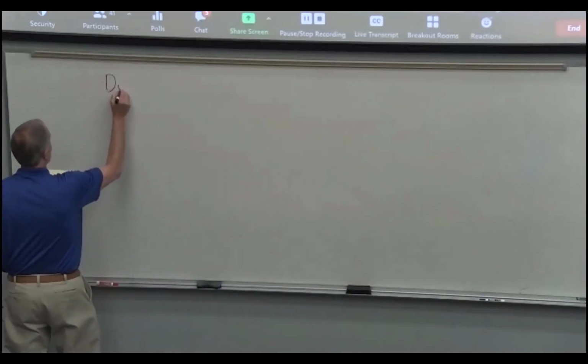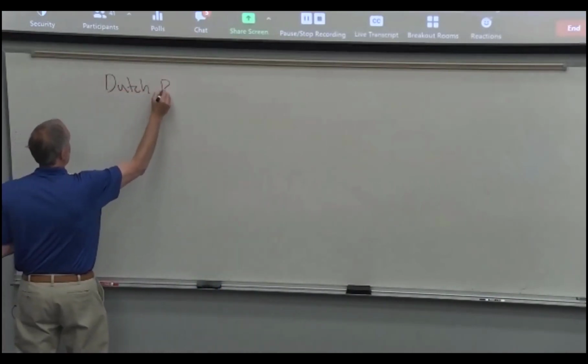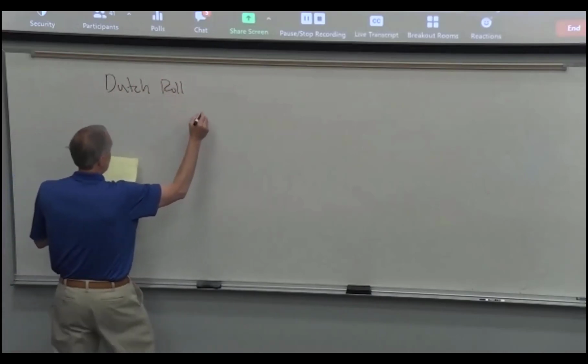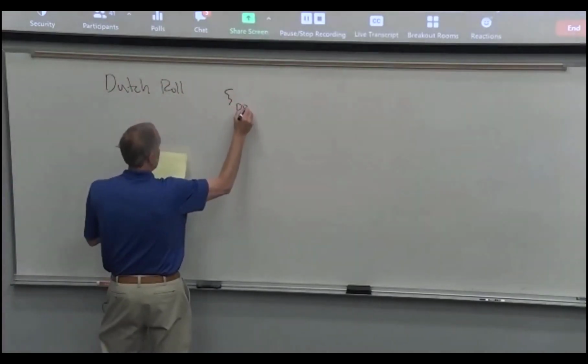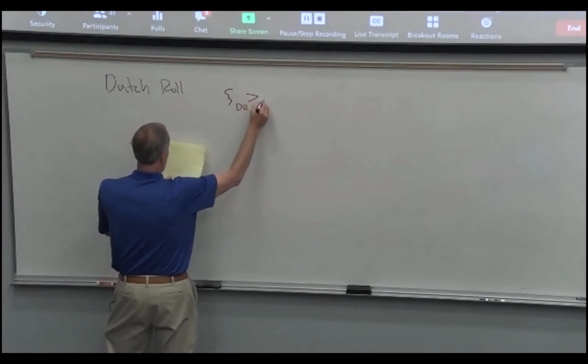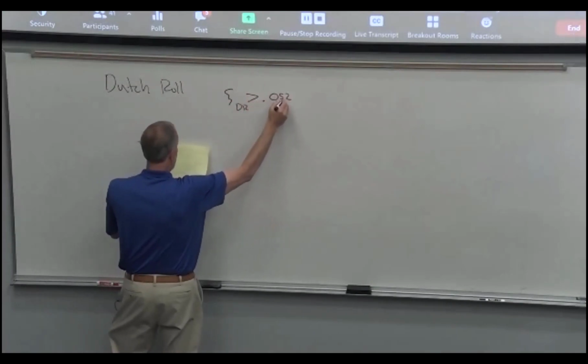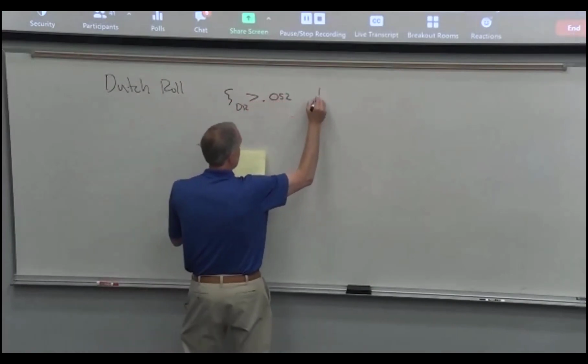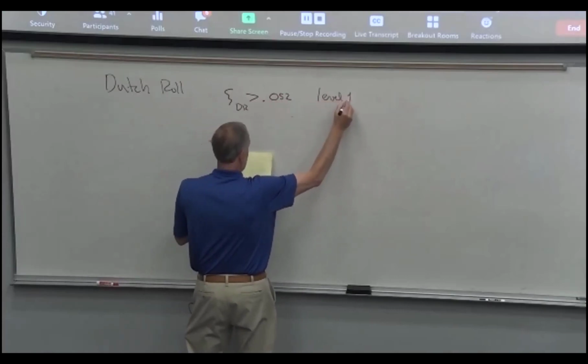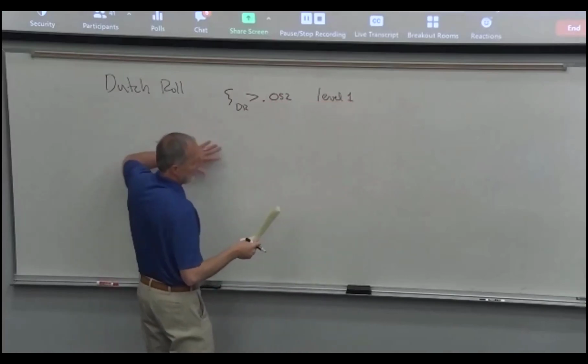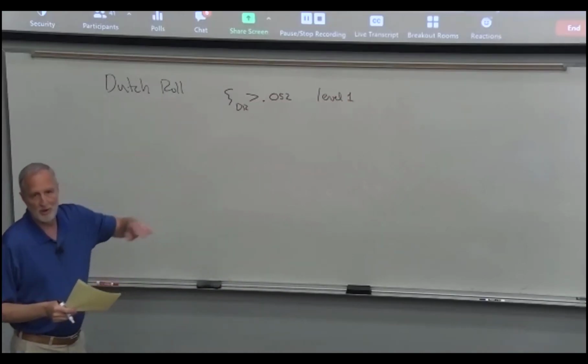So the Dutch roll specs say that the damping ratio has to be more damped than 0.052. And this is for level 1. And there's a whole bunch of behind the scenes stuff that I'm leaving out. This is kind of the basics.